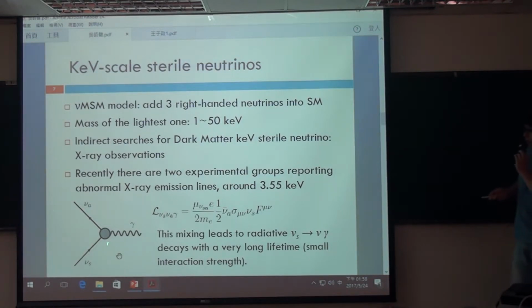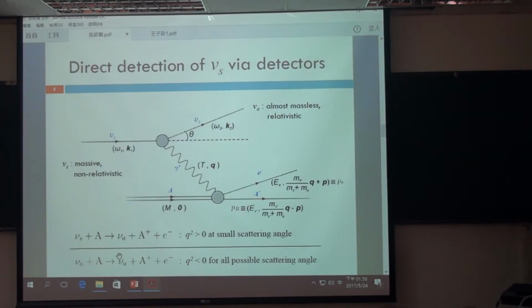But if we have this kind of coupling, this photon can also couple through the electromagnetic force to normal matter. So this is typical indirect detection. We can also do a similar direct detection by coupling this photon to normal matter with the electromagnetic force.